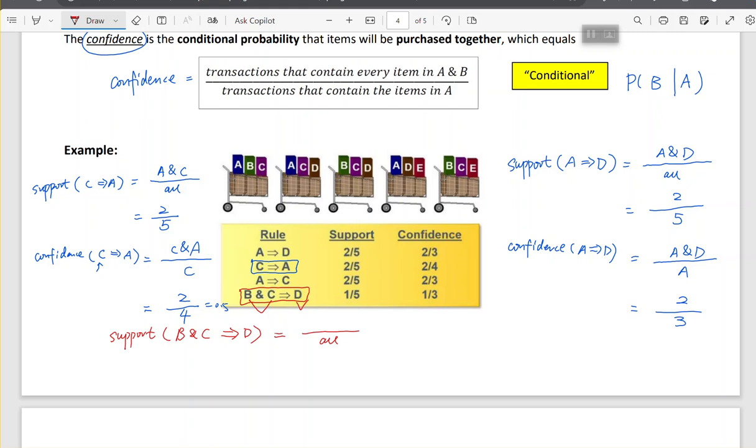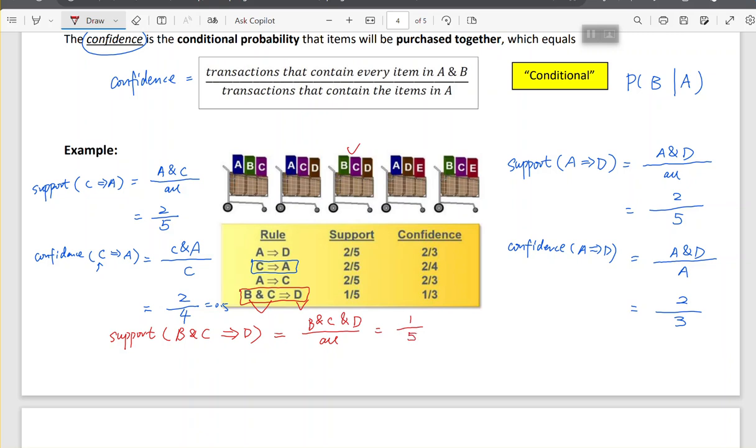That means they contain the first set, B and C, and also include D. Right, okay, so how many of them? B, C, D, so that will be only one of them, right? So that will be 1 out of 5.